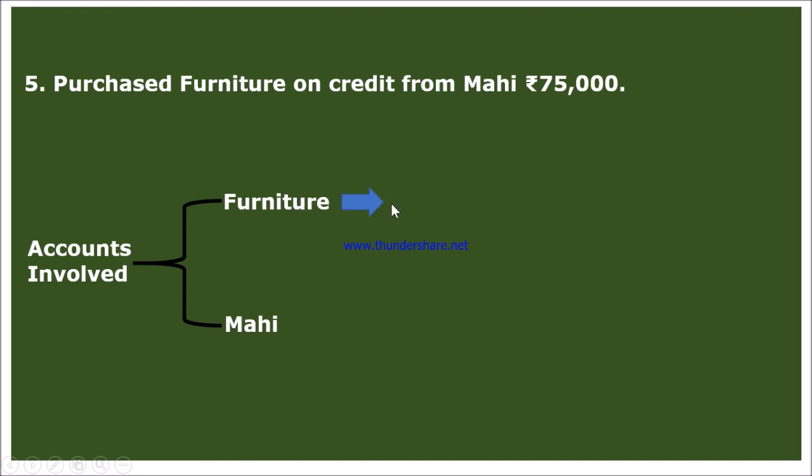Furniture comes under the heading of assets, because from this furniture the firm will get benefit in future years. If the firm purchases that furniture, then assets will increase, and when an asset increases, debit.